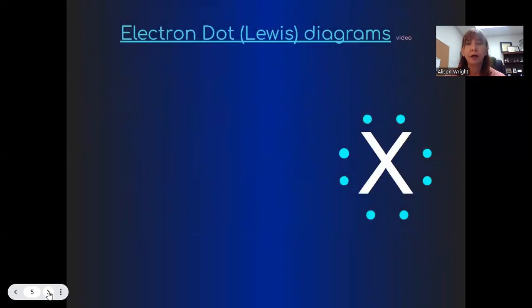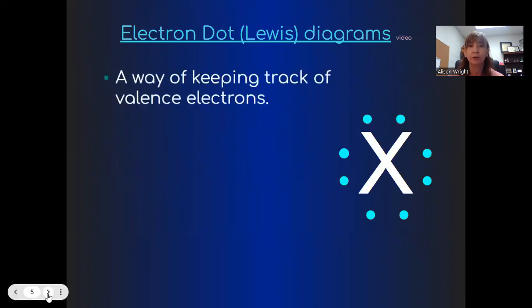You should have watched a video about Lewis dot structures. If you look in the slides, there is a link to that video if you haven't seen it yet. Lewis dot structures are a model that we use to keep track of the valence electrons of any given element. We represent those valence electrons as dots around the symbol.